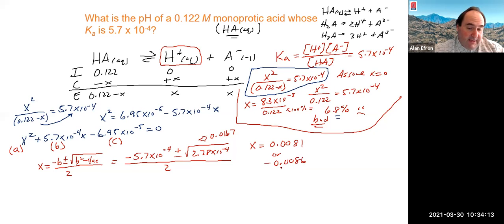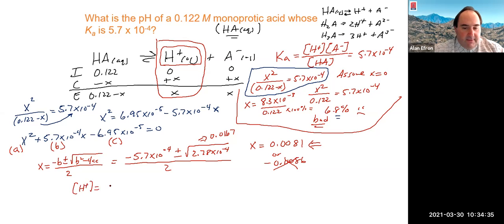In this particular case, negative will not work because we are looking for the H plus concentration. That means that this guy here should be our actual X value.